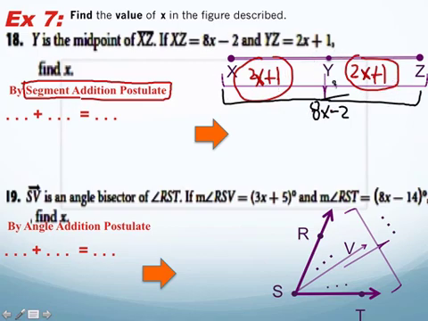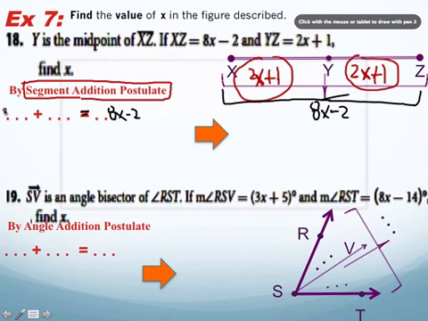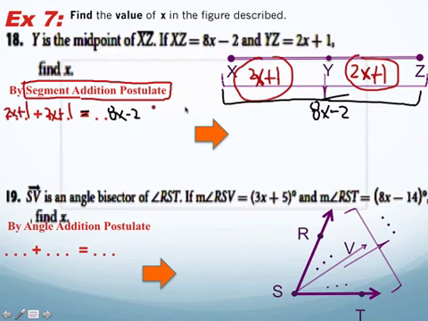Doesn't the first half plus second half equal the entire length, which is 8x minus 2? So we know the sum or the total is this. Then you have to combine the first two pieces together: 2x plus 1, first piece, plus 2x plus 1, second piece, equals the total length value, 8x minus 2.